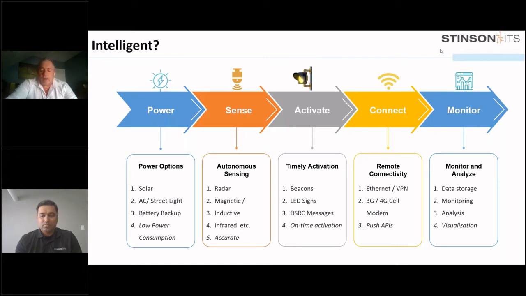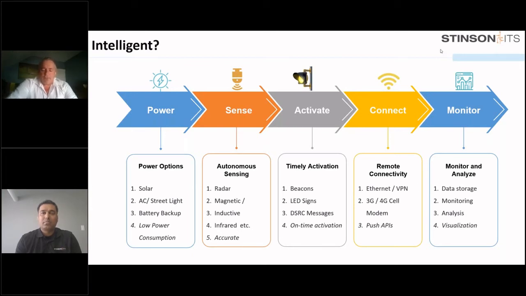Intelligent warning systems all serve a common purpose, and it's to warn drivers of dangerous situations that they may have to face on the road ahead of them. Depending on which intelligent warning system is used, the message to the drivers will be displayed using either flashing beacons, LED signs, blinking LED signs, or direct short-range communication message, most commonly called DSRC.